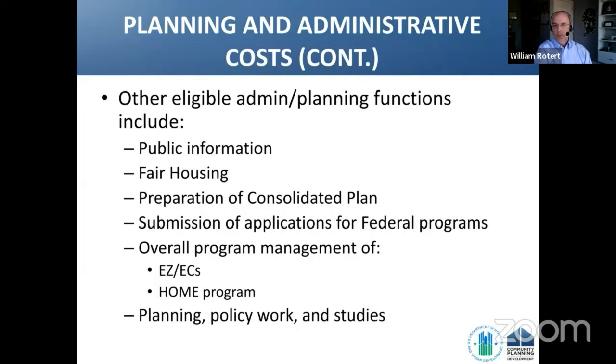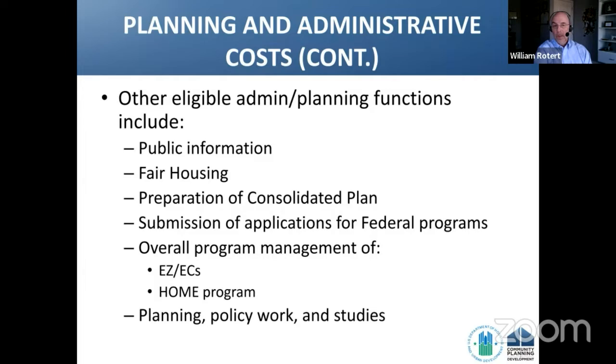The cost of administering fair housing activities, which you know comes with your federal funds. Those are general planning and admin costs. The cost of preparing your consolidated plan, and that would include the substantial amendments that most of you had to develop for your CDBG-CV funding. So those costs are normally charged as general admin and planning costs.